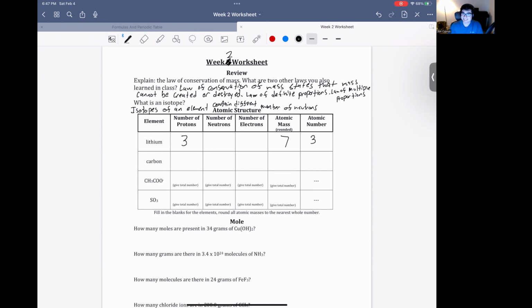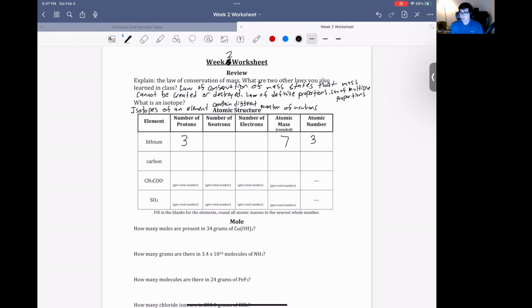Otherwise, we're not going to get an integer number of neutrons. Okay, so next we're going to do the number of neutrons. The number of neutrons can be calculated by taking the mass and subtracting the number of protons, but why?